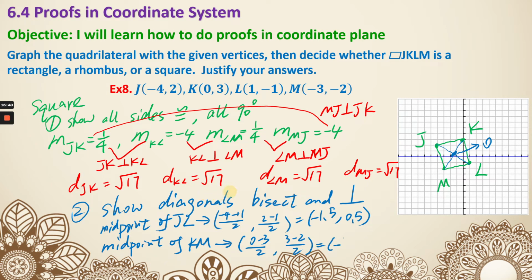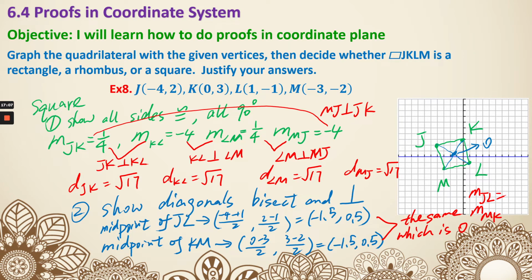I still got -1.5, 0.5, and they are the same. Which means that is going to be O. They share the same midpoint, which means they actually bisect each other.